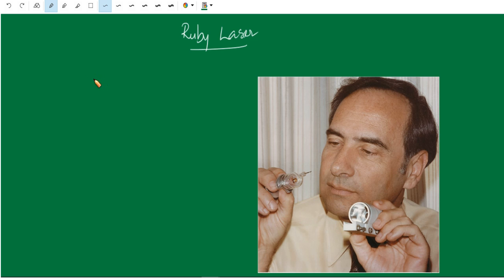In this video, I would like to talk about the ruby laser. The ruby laser was the first laser constructed. It was constructed by Maiman in 1960. So this was the first laser.